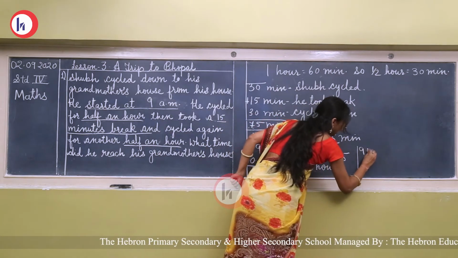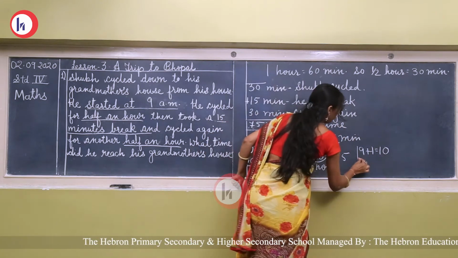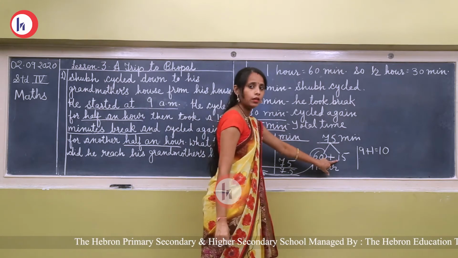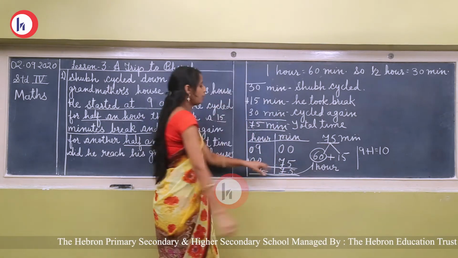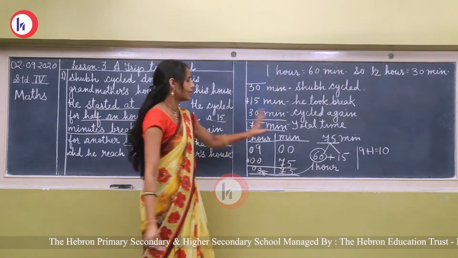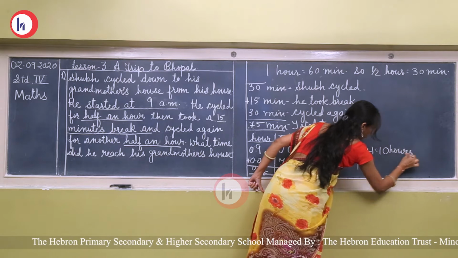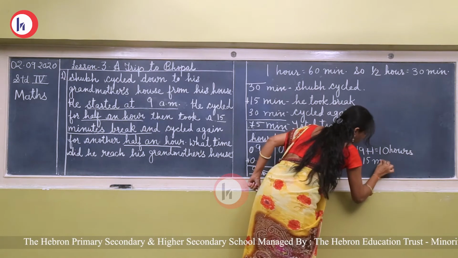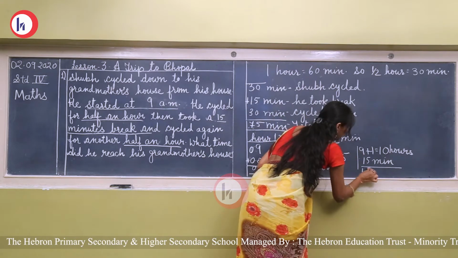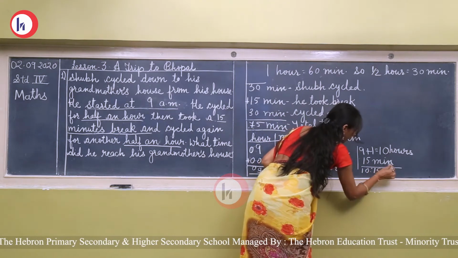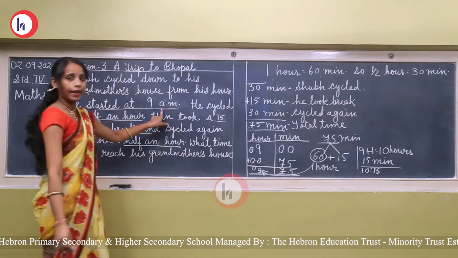So 9 plus 1 is equal to 10. And 15 minutes will remain, so in place of 75 minutes we write 15 minutes. So the answer will be 10:15 a.m.